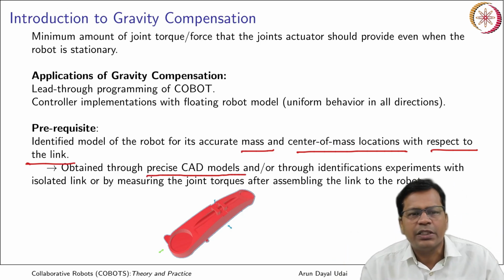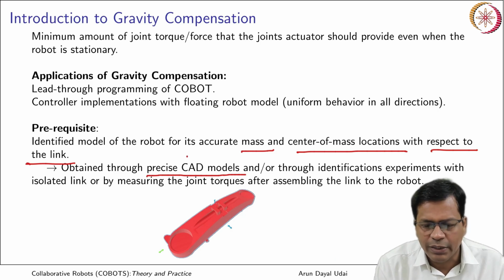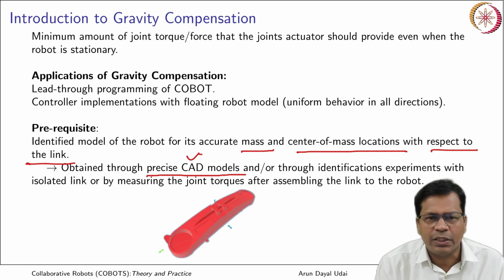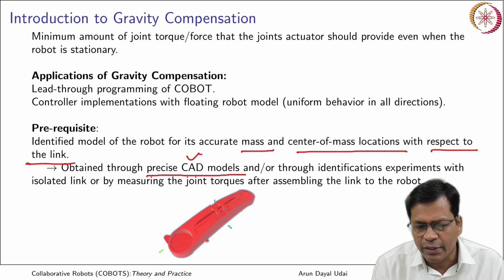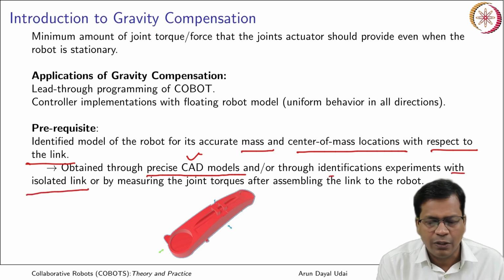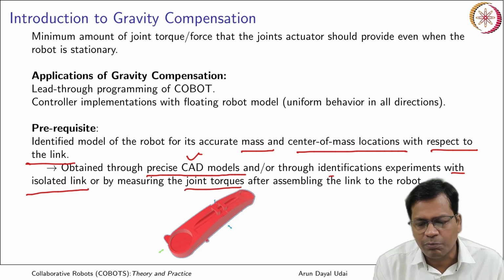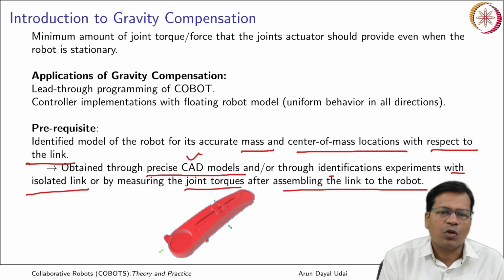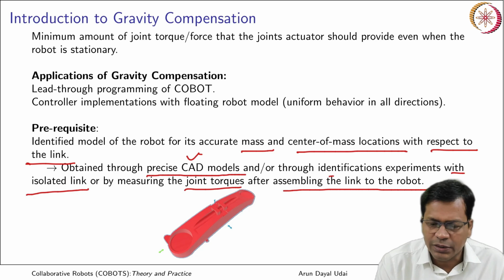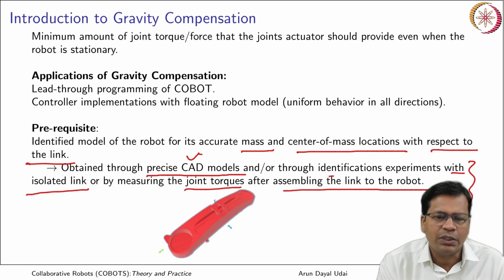The whole assembly is packed into the CAD environment and there you can calculate it, or it can be done after assembly also through identification experiments with an isolated link, or by measuring the joint torques after assembling the link to the robot. So there are various approaches to it. These are a few. This is the link of a robot which is shown here. In CAD it looks like this.